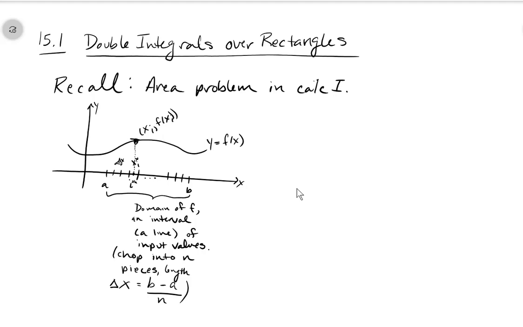Then we put a little rectangle over this ith interval. It's a bad rectangle, but that little rectangle approximates the area under the curve just in this little interval. And we do that for every one of these intervals: the first one, i equals 1, the second one, i equals 2, all the way through the nth one.